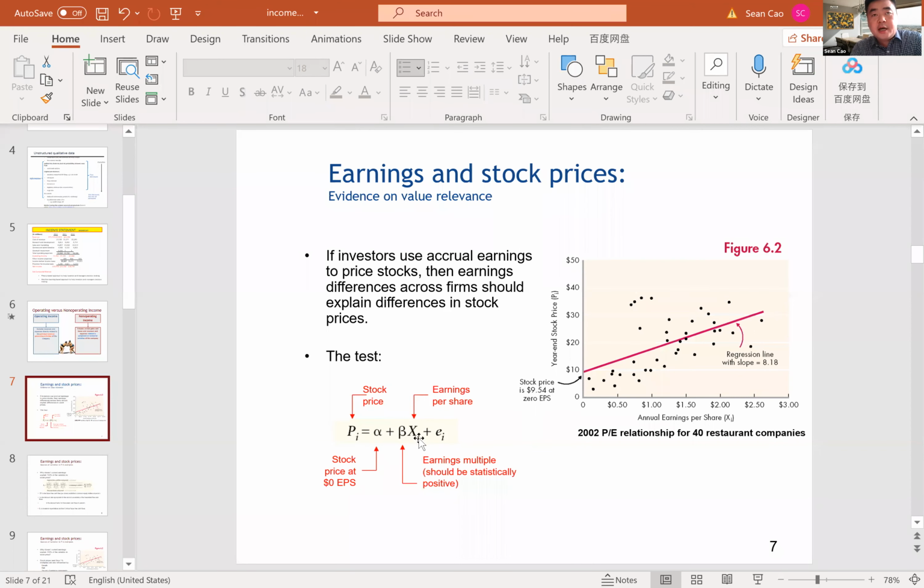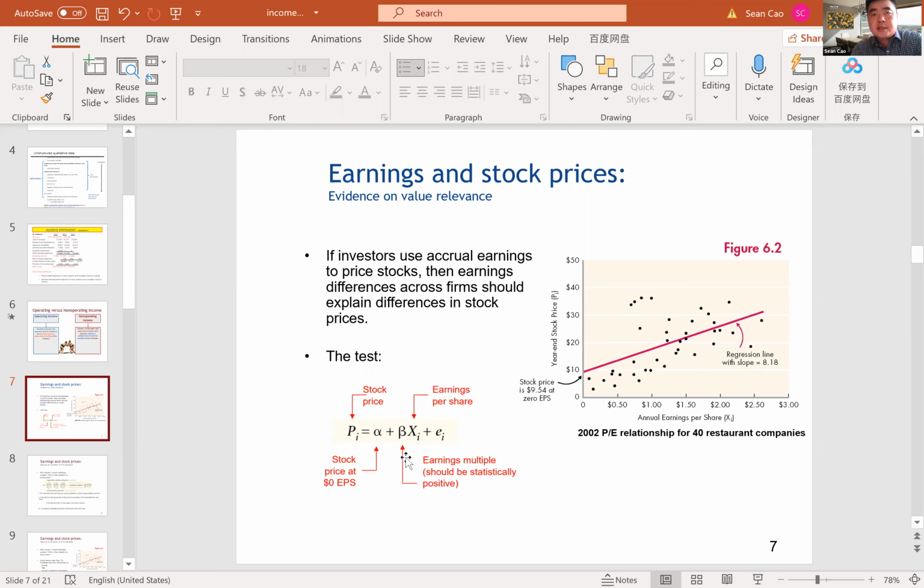Okay. The idea here is which company has higher beta, which company has lower beta? That's the question I'm trying to ask. So in other words, let's say if Apple has $1 earnings and the stock price is $10, that beta is 10, right?